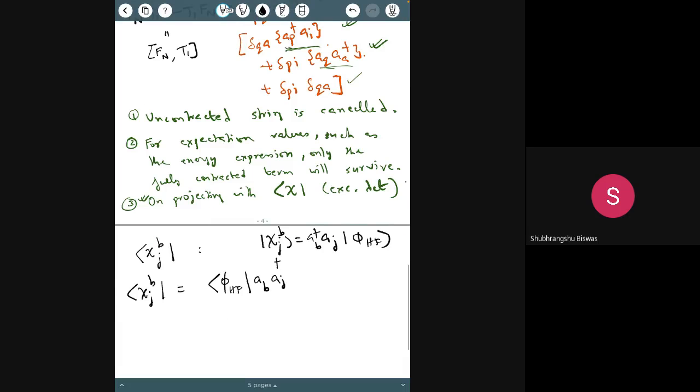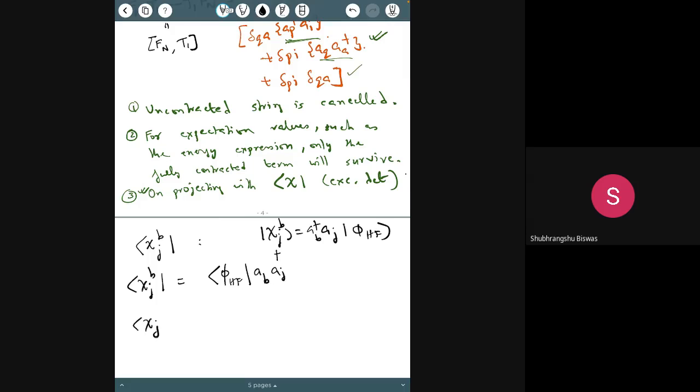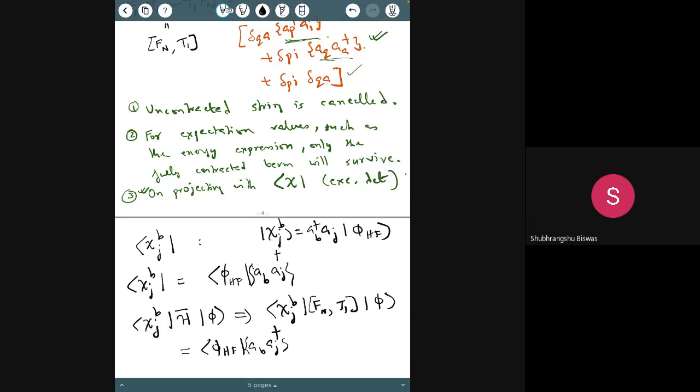So this is the adjoint, and now I am evaluating. The total term is this, and a part of it is this FNT1 commutator. This is only a part of it. So this is phi Hartree Fock, AB AJ dagger. And okay, I should write the normal ordering as well.